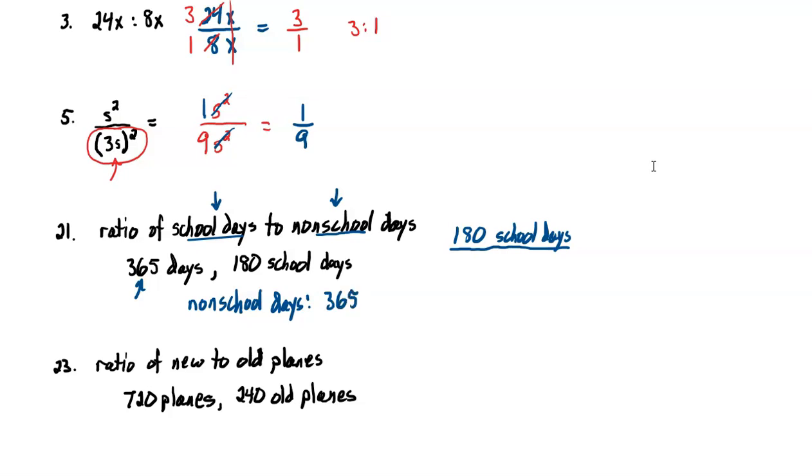You're required by Michigan law to go to school for 180 days. So do that subtraction and find out how many days you're not in school. It makes 185. So now we can finish our answer. The denominator is 185 non-school days.